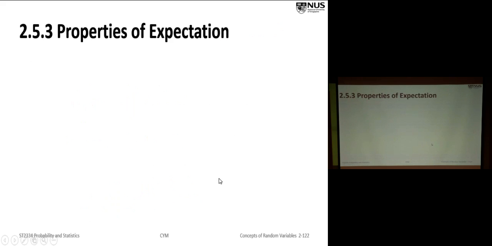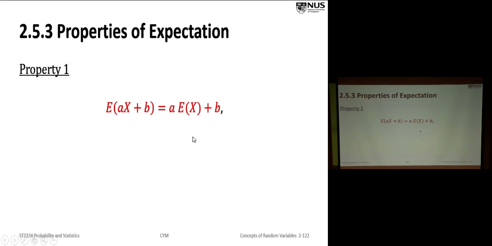All right, properties of expectation. The first property, I have to emphasize, variance of x is an expectation of this function. So you have to be careful.